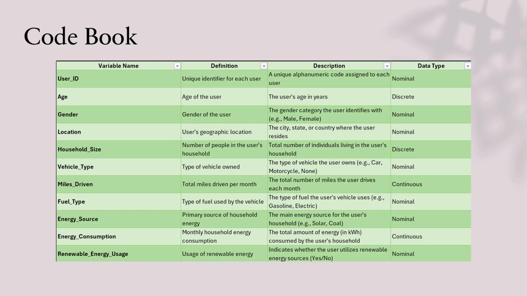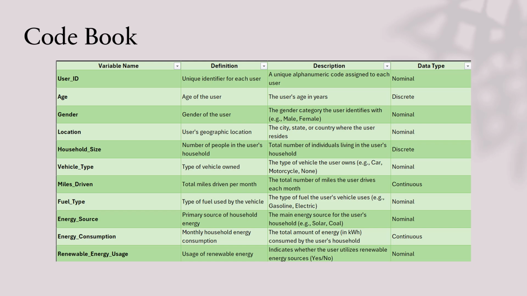So there is a user ID variable, age, gender, location, and the household size, which means the number of people in it, which come under user information. Then what type of vehicle they own, like motorcycle, car, etc., the number of miles they have driven per month, and the type of fuel they use, whether it's electric, gas, or diesel.